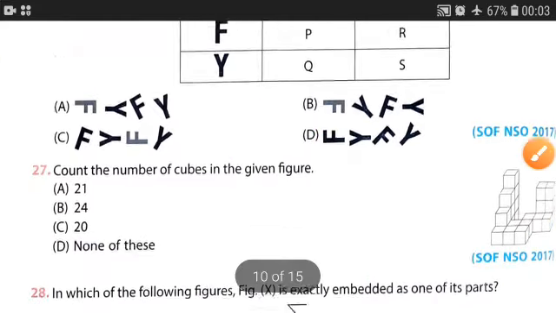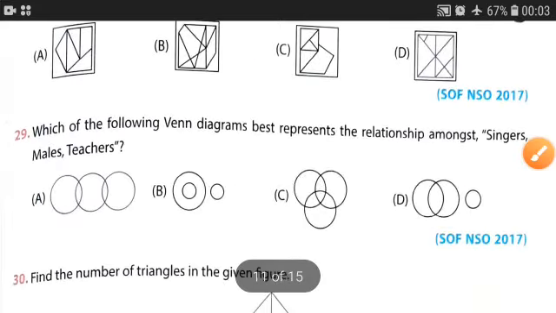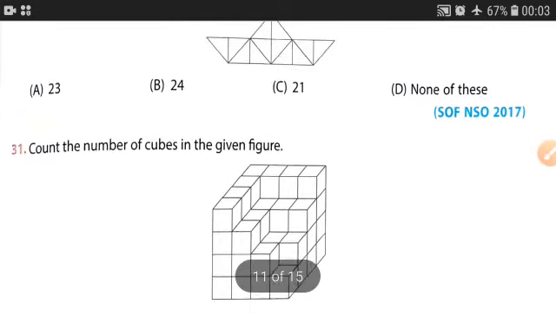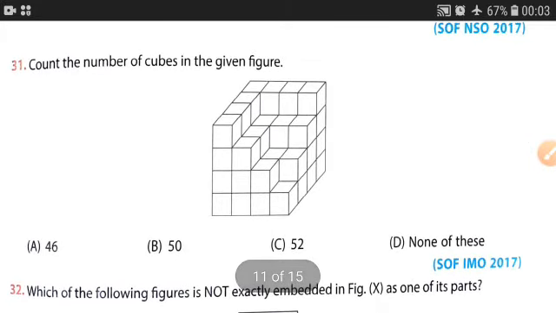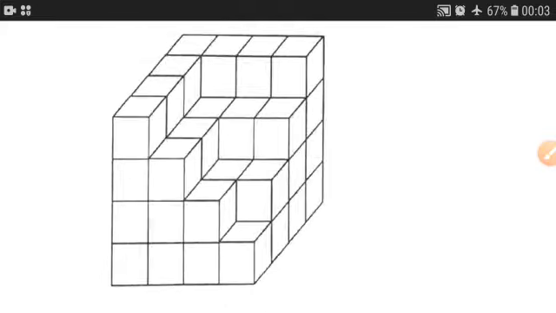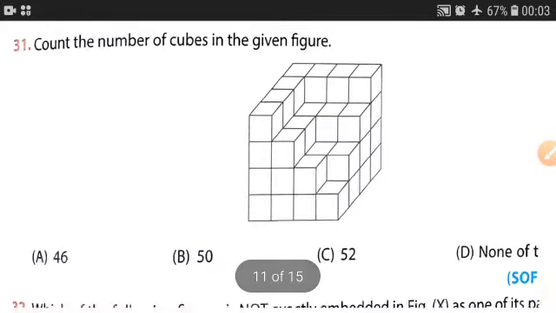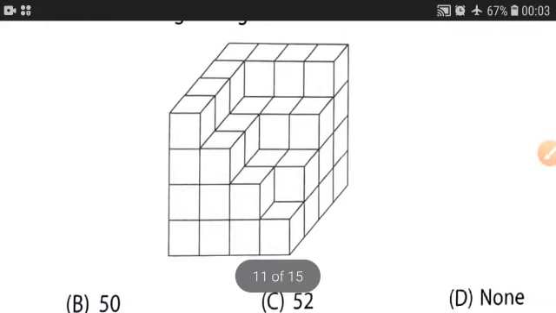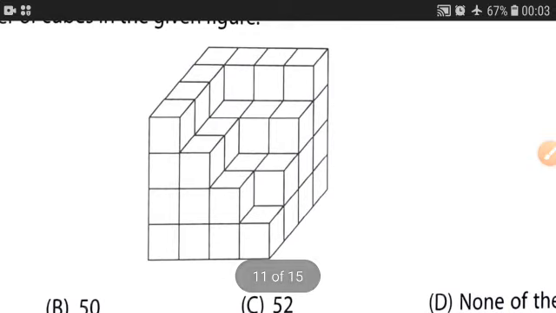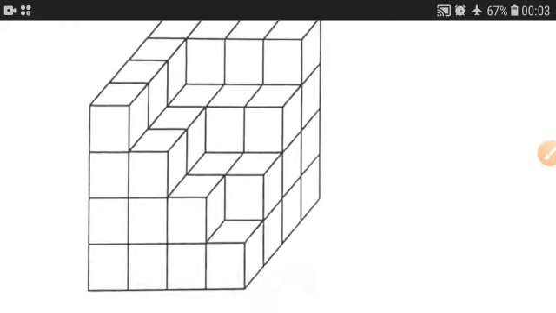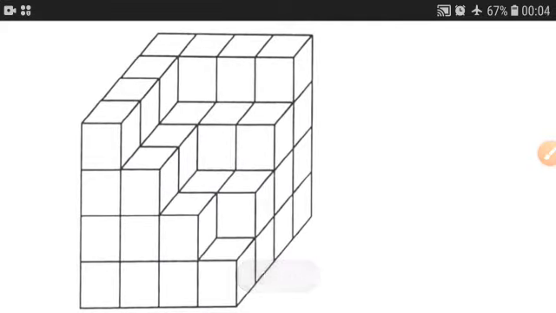Very simple. Now moving further to question number 31. Again we have to count the number of cubes in the given figure. We will count it by layer. Here we have 4 layers. This is the first layer.